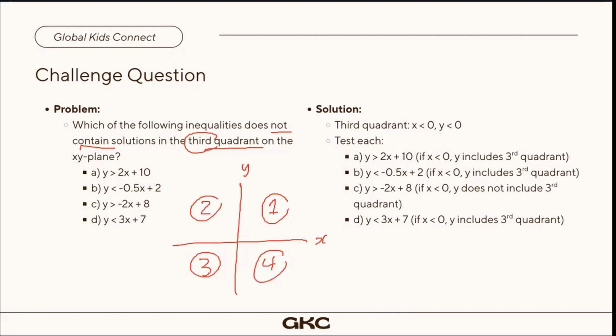And therefore, our question asks which does not contain solutions in the third quadrant. So because each linear equation is expressed as an inequality, we can understand it as which of these shaded areas do not contain the third quadrant.